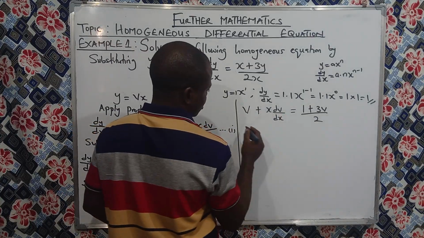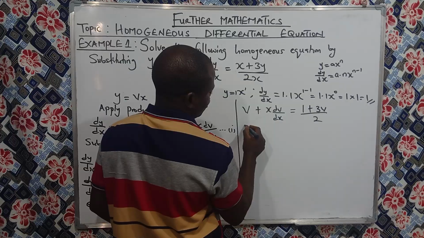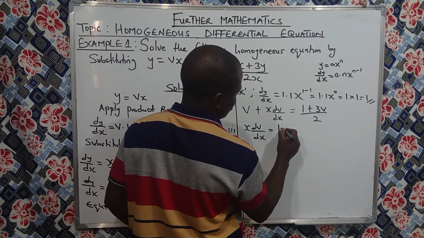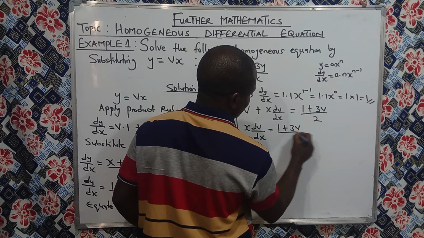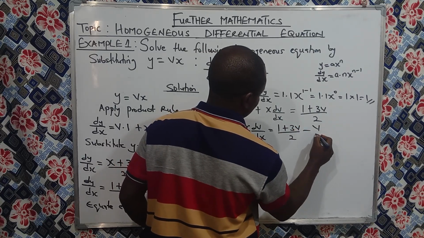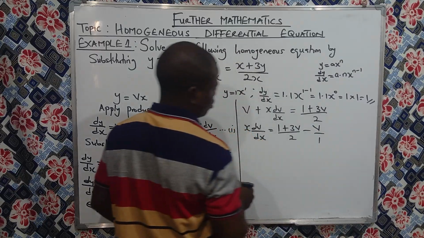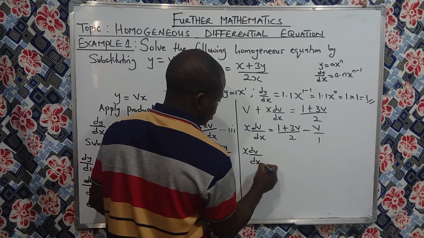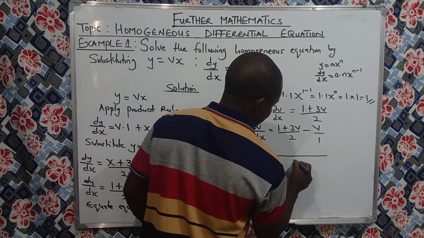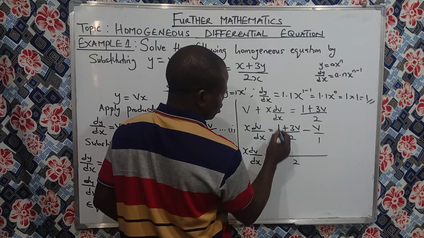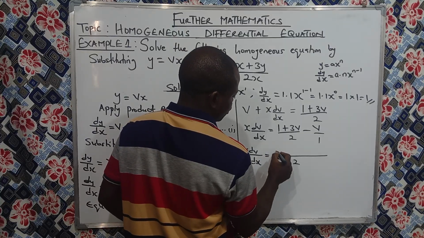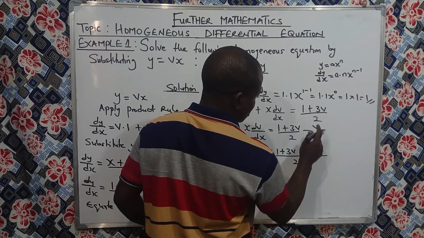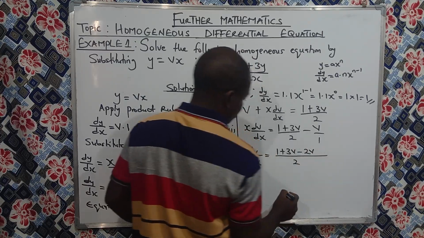Okay, take v to the other side. Now we have x dv over dx equals 1 plus 3v over 2 minus v over 1. Now x dv over dx equals, LCM is 2. 2 goes into 2 one time, times 1 plus 3v, that's 1 plus 3v. 1 goes into 2 two times, times v, that's minus 2v.